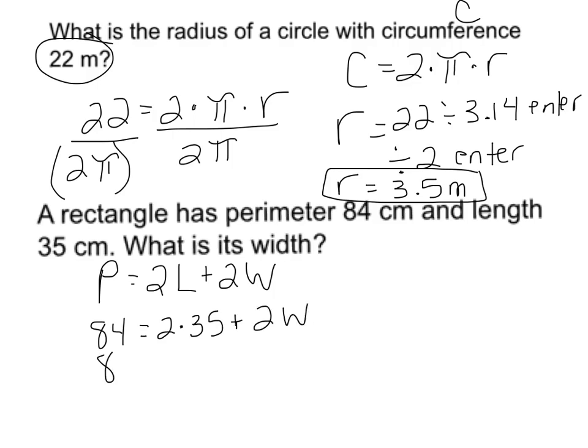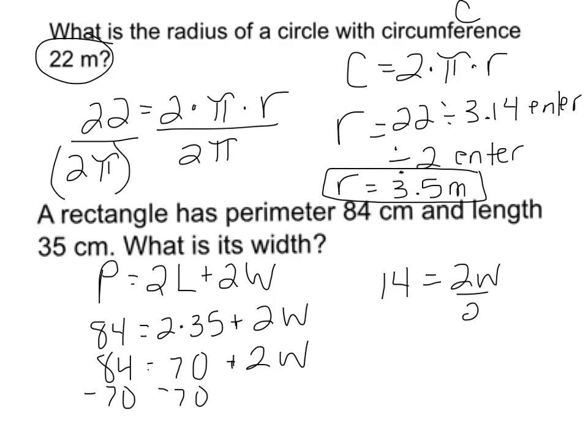Okay, well, let's multiply 2 times 35. That gives me 70. And we should all know how to solve this from here. So minus 70. So we get 14 equals 2W. Divide by 2. And 7 equals W. So the width is going to be 7 centimeters.